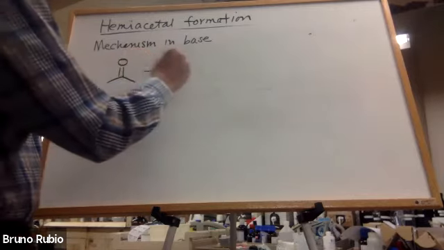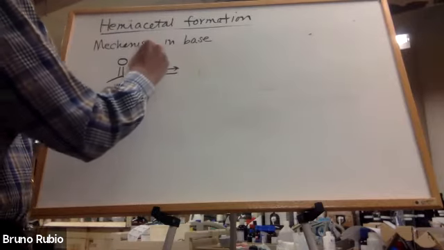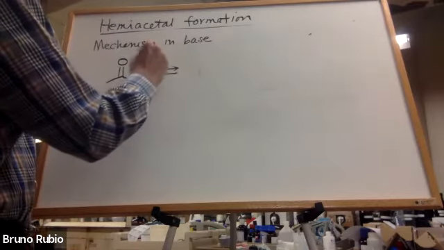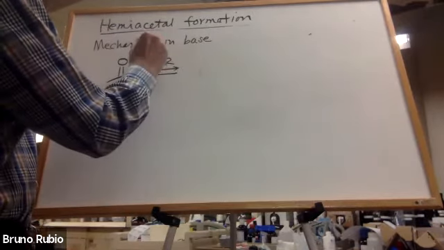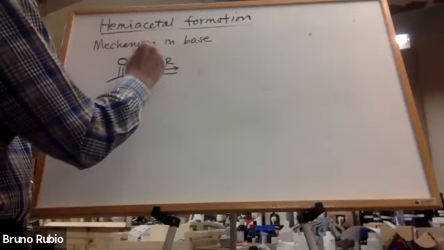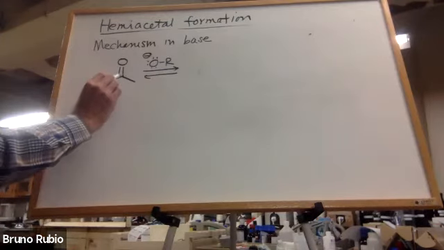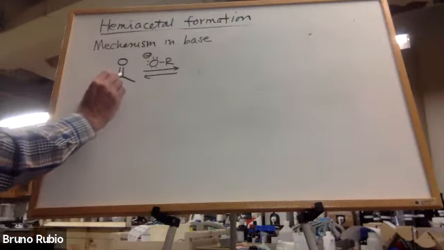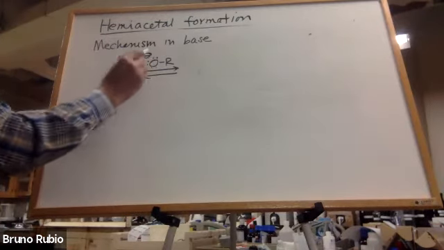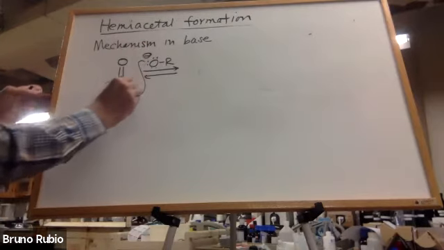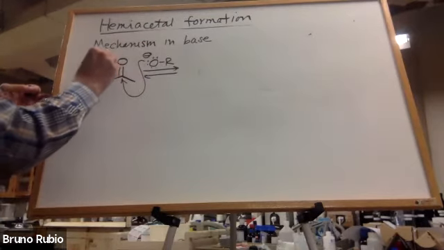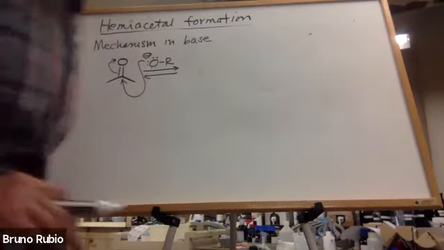What will happen here is that the RO minus, with a negative charge here, that's the conjugate base of the alcohol. The carbonyl carbon is the electrophile. That O minus is the nucleophile. The nucleophile attacks the electrophile directly.